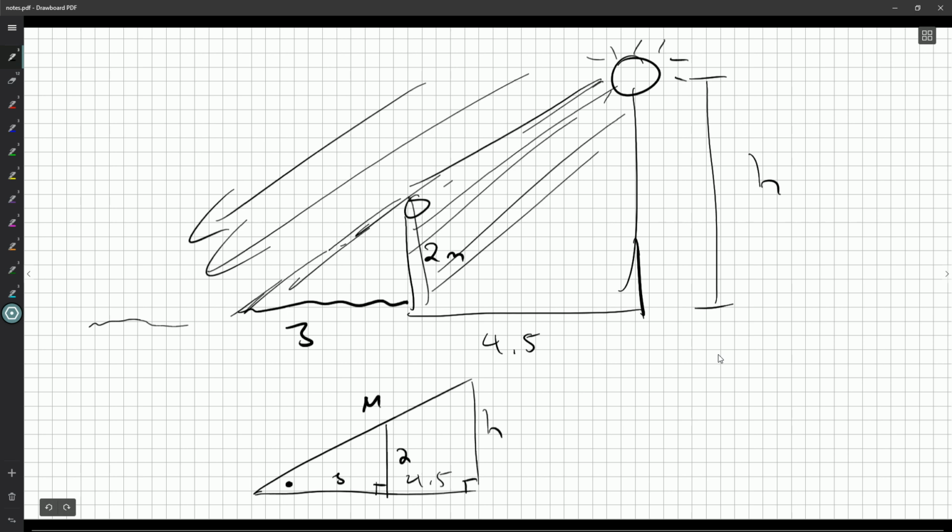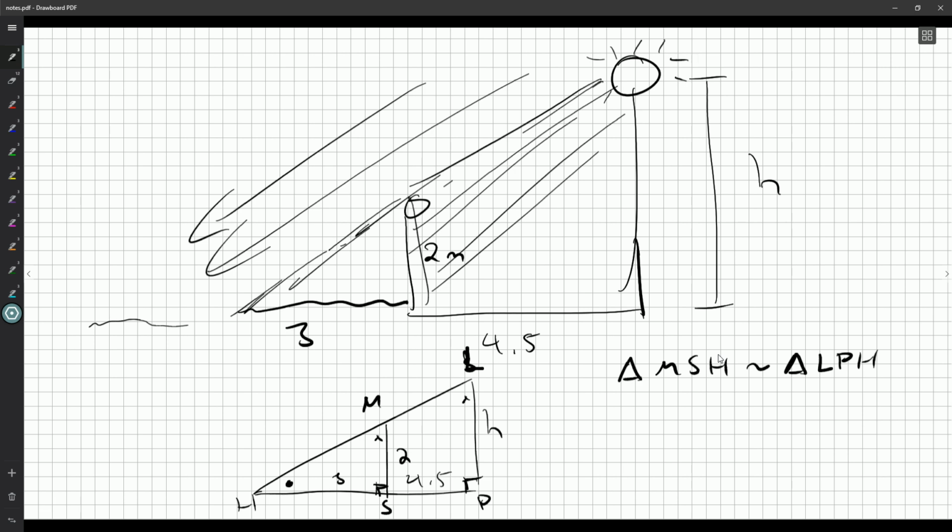If you want to give names, you could say M for the man, S for his shoes, L for the street light, P for where the post hits the ground, and H for the tip of the shadow. Or you could be more boring and do A, B, C, D, E. But we can say triangle MSH is similar to triangle LPH. Why? They both have 90-degree angles and share this angle, so they'll have the same angle up here. A clearly labeled picture will speak volumes.